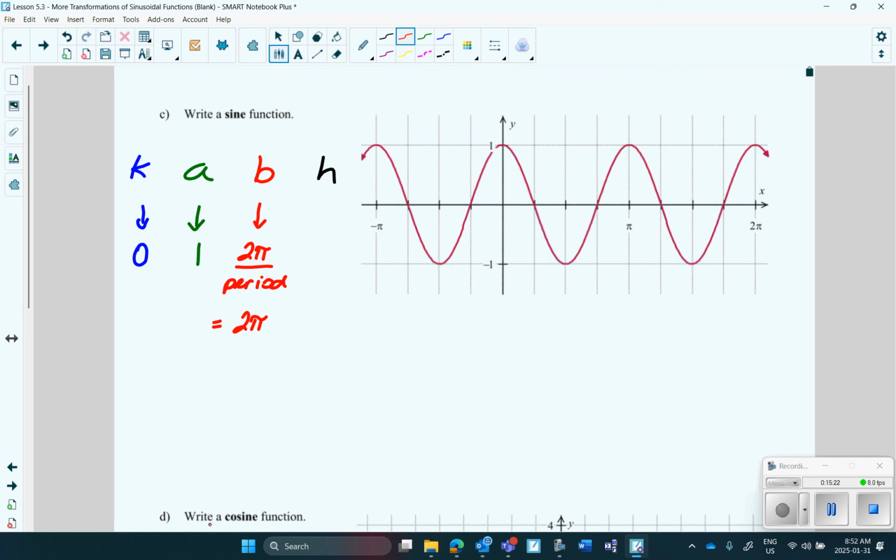Let's look for a regular sine cycle. I see a regular sine cycle here.